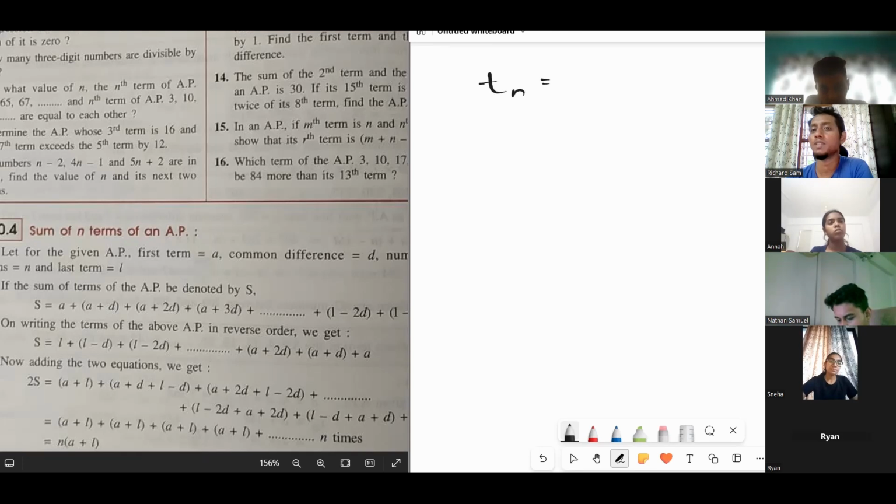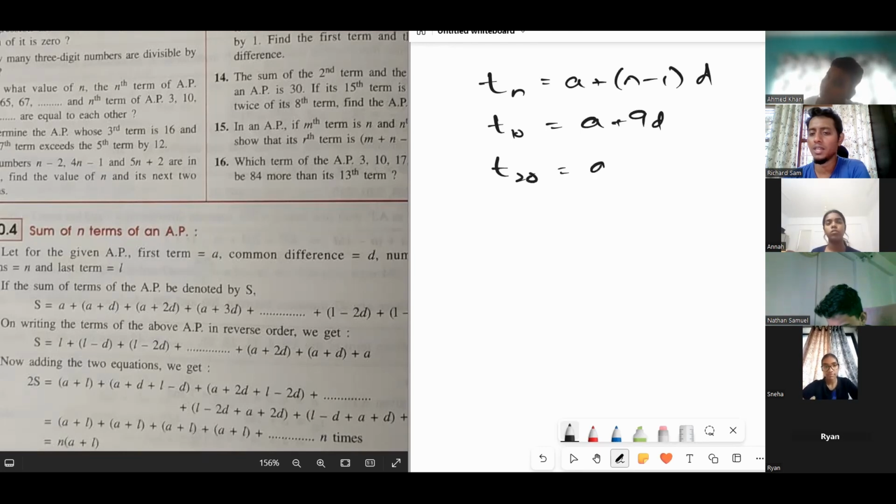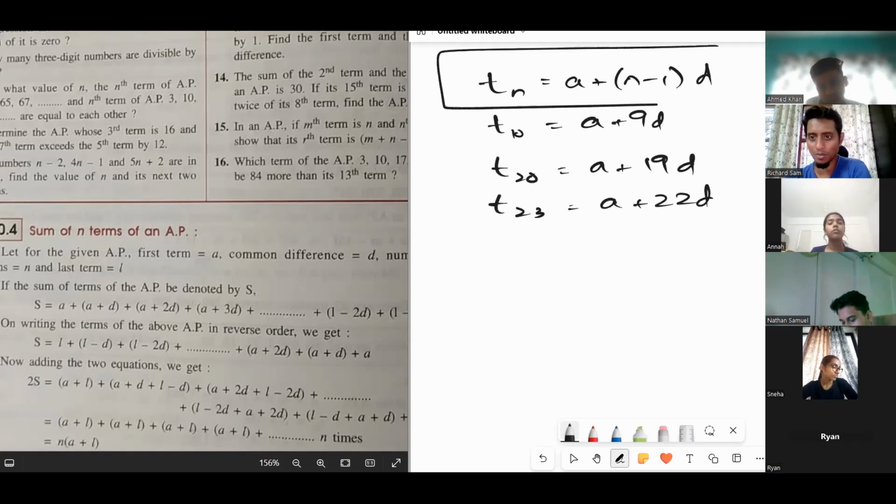Tn is equal to A plus N minus 1 into D. From this formula we get T10: A plus N minus 1 means 10 minus 1, D. T20 would be A plus 19D. T23 would be A plus 22D. All these formulas we're deriving from this one formula. Correct? That's the one formula we had.